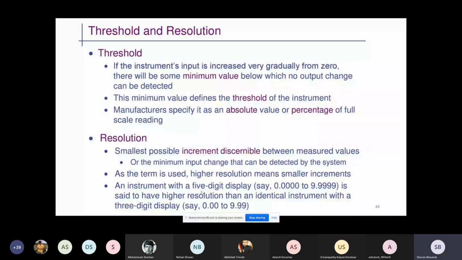So if I ask what is its range, you will say 0 to 10. But what is its resolution? The resolution of the first instrument is higher because it can go to more decimal places, although the range is the same. So first you see the range, then you need to see the resolution. If you get more resolution at the same price, that is preferable, and you will choose that instrument.